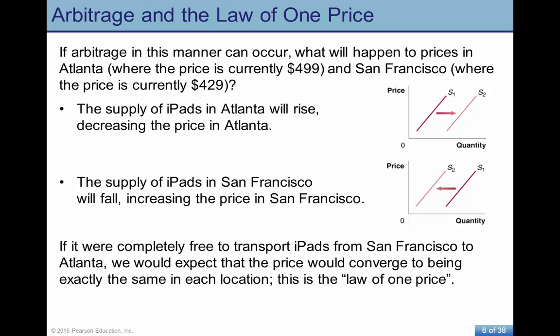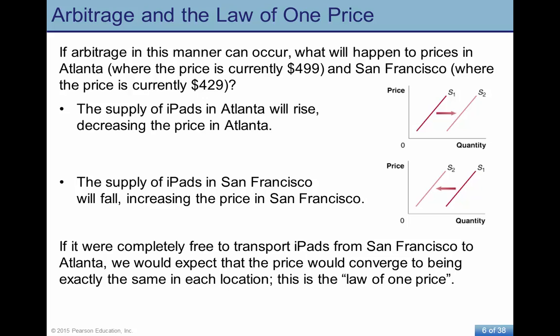Arbitrage and the law of one price. If arbitrage in this manner can occur, what will happen to prices in Atlanta, where the price is currently $4.99, and San Francisco, where the price is currently $4.29?